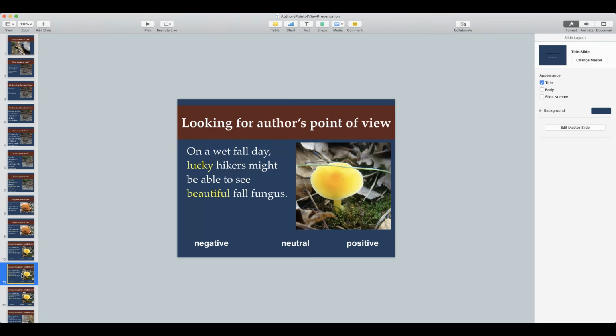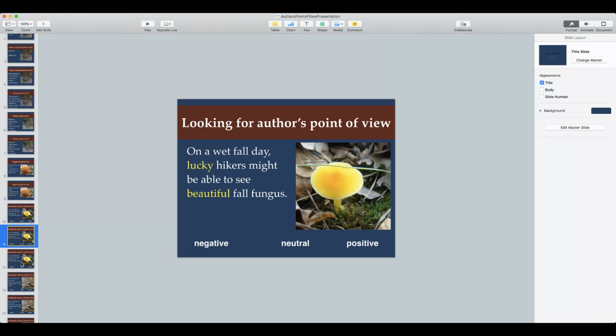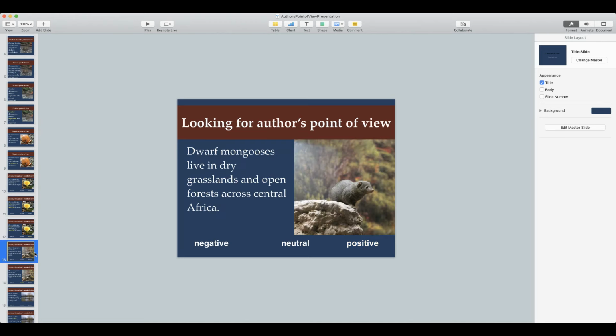If you said the words lucky and beautiful are words that help you to determine that this is a positive point of view, you were correct. And what kind of words are lucky and beautiful? These are adjectives, which we've been talking about in English. These are words that give more information, and they allow this author to show a positive point of view in this sentence.